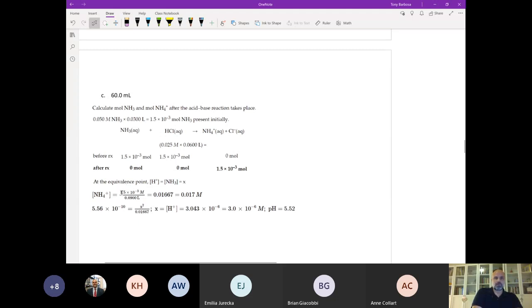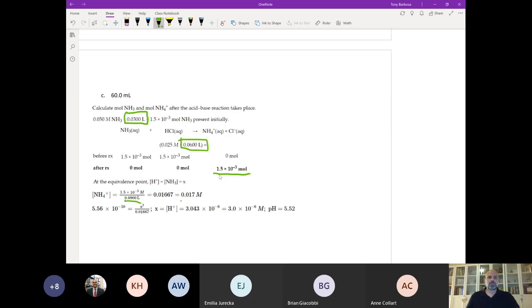So now when we're going through, we calculate the concentration of our ammonium ion. The concentration of our ammonium ion is just the 1.5 times 10 to the minus 3 that we have here divided by the total volume. Total volume is different this time because we've added 30 milliliters here and 60 milliliters there. So we end up with 90 milliliters.